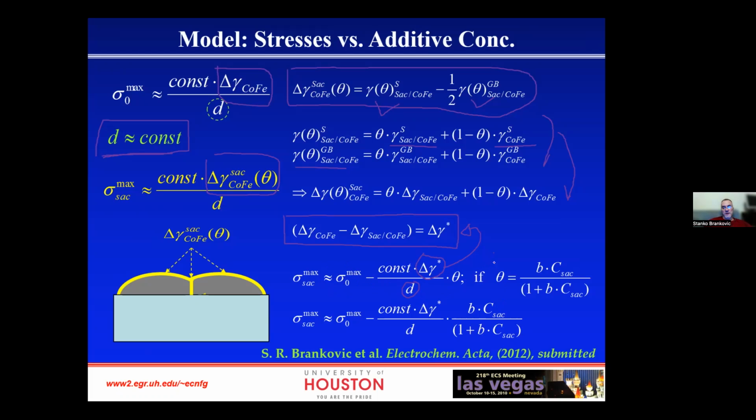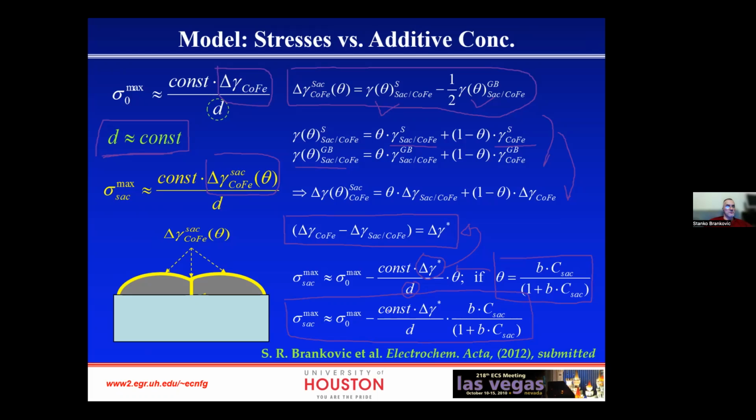Now, if we express theta using this Langmuir formalism and put it back here in the expression, then we have the full model of the stress, the maximum stress in the films during electrodeposition in the presence of the additives, where the only important things featured are the concentration of the additives, which is this C term, the concentration of saccharin in this case, the equilibrium adsorption constant for adsorption of saccharin on the surface, B, and this term here, delta gamma star, which is the reduction in driving force for grain zipping due to the presence of the additives on the surface.